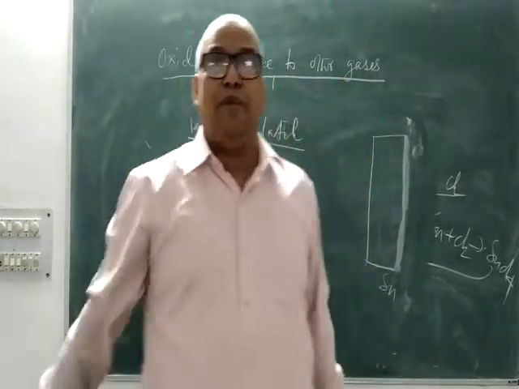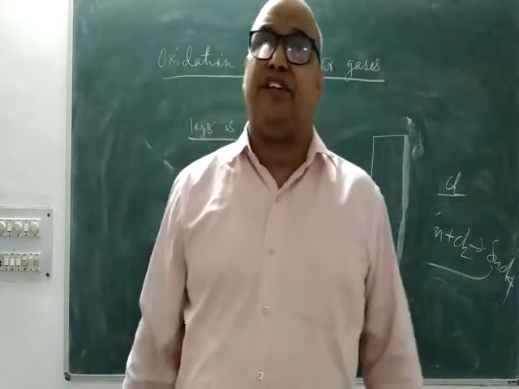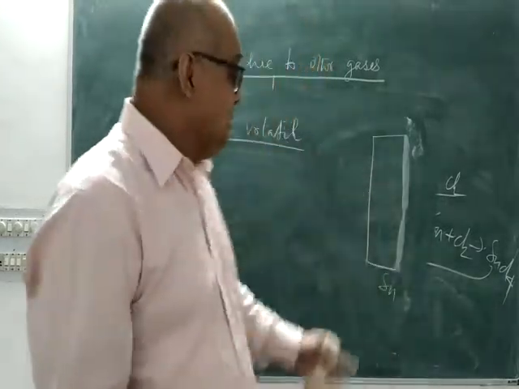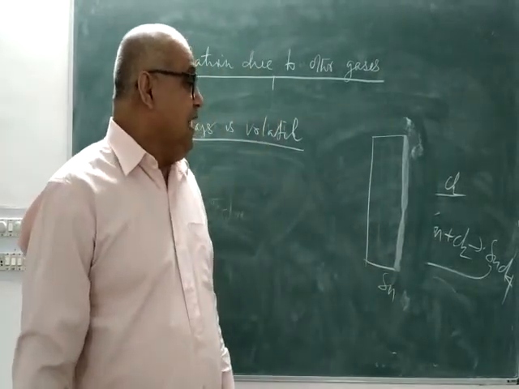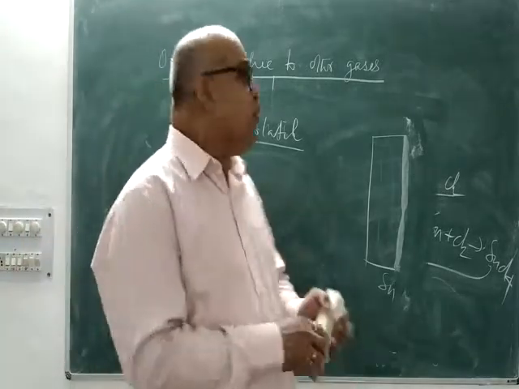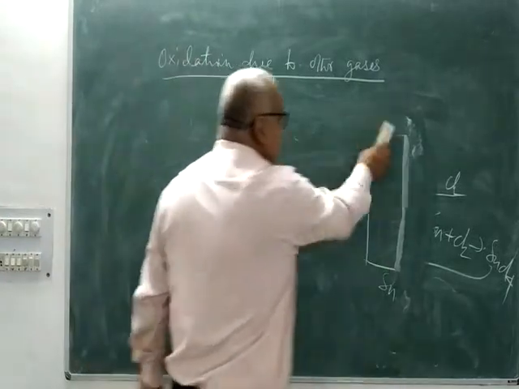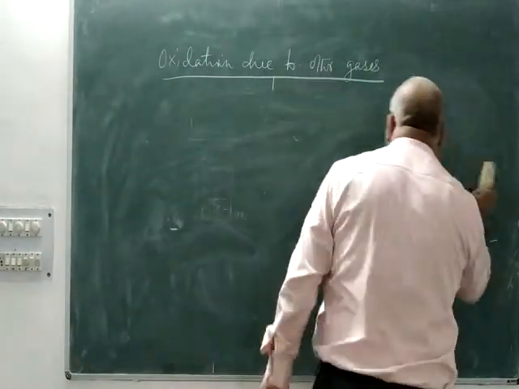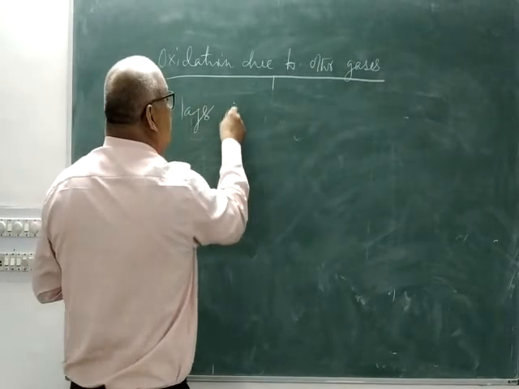And this process of corrosion will continue till the entire metallic structure is destroyed. The best example is a layer of SnCl4 on Sn. This is all about the case when the layer is volatile in nature. Now we will be talking about the last one, if the layer is porous.